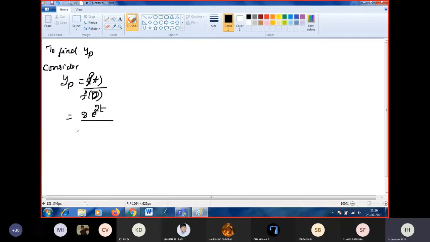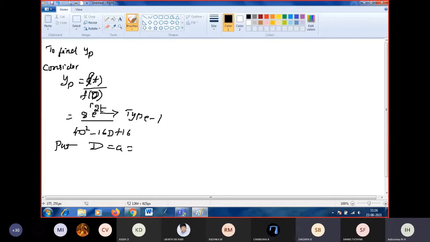What is f of D? 4D square minus 16D plus 16. Correct. Numerator is which type? It is type 1. In type 1, what we should do? Put D equal to a, which is 2. e power at means type 1.